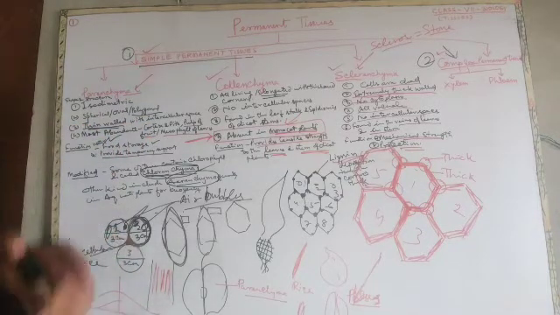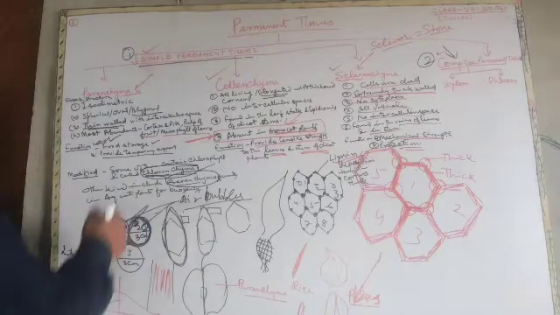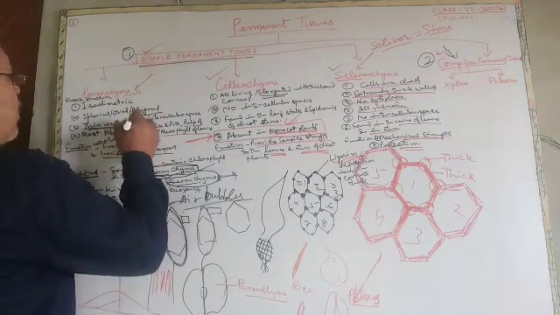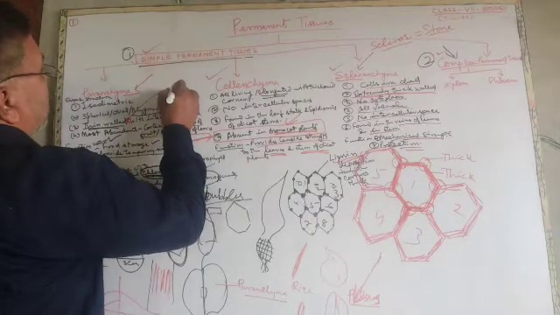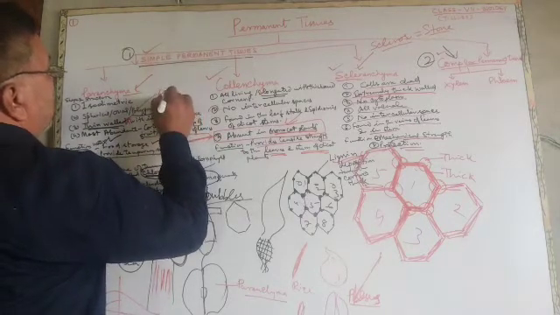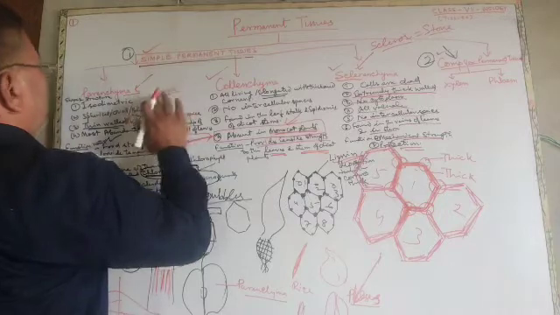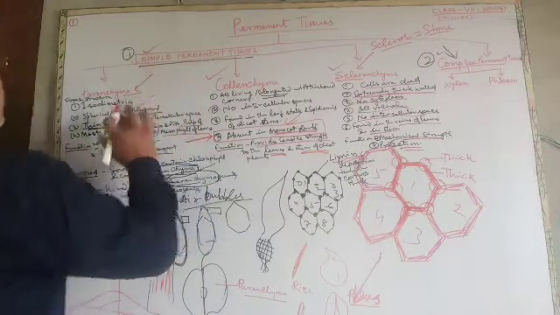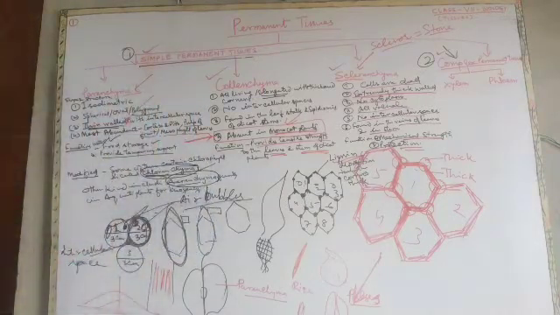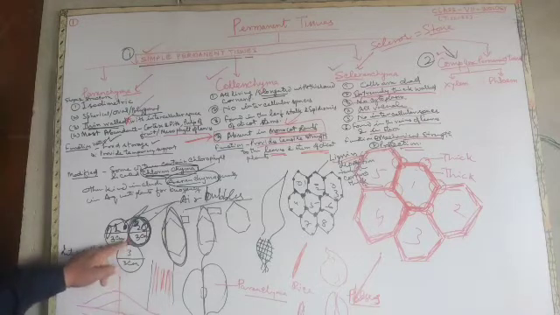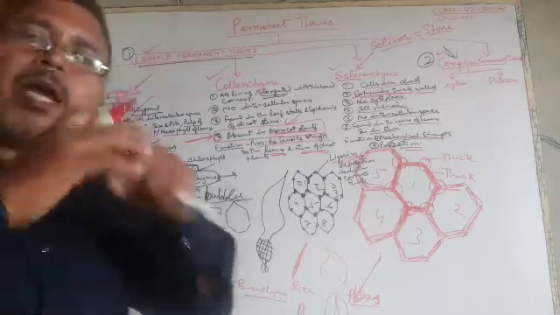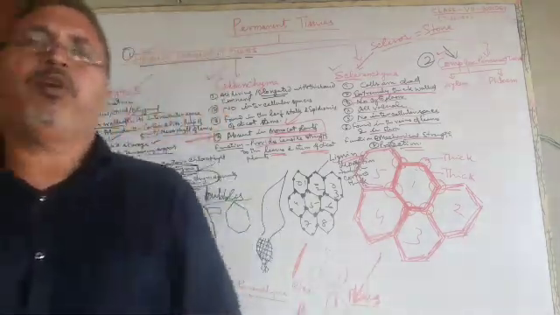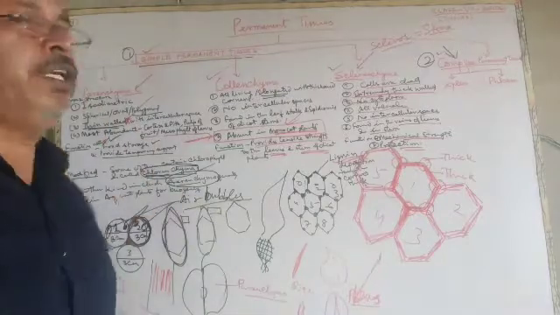Only thin cell walls with intercellular spaces, the space between the cells, right? And they are most abundant, means their amount is maximum. Most of the plant body is made up of parenchyma.